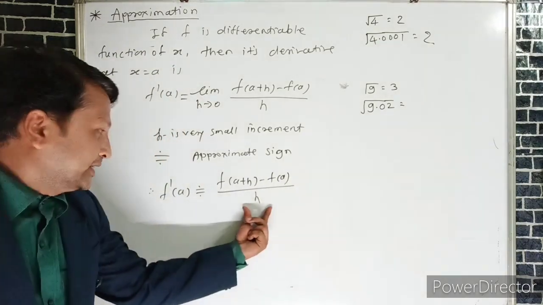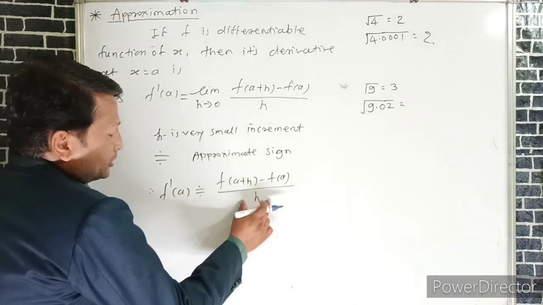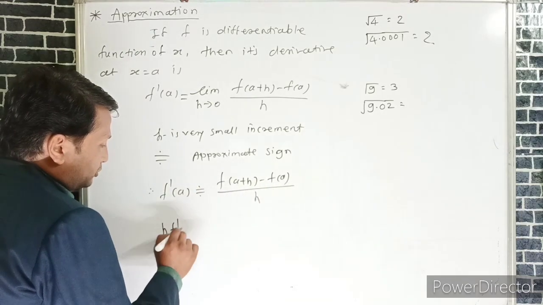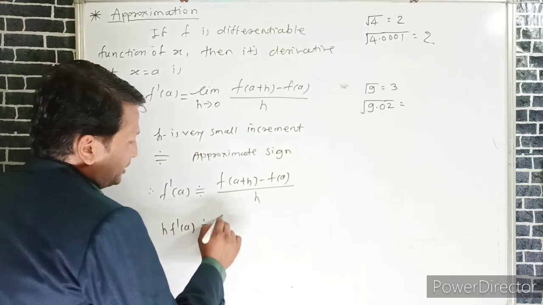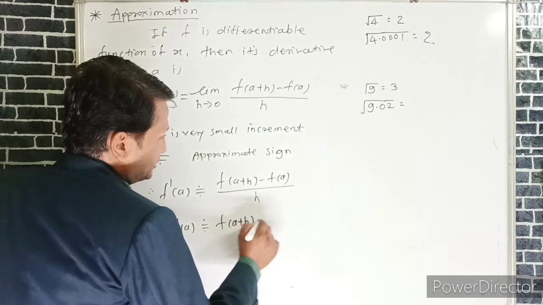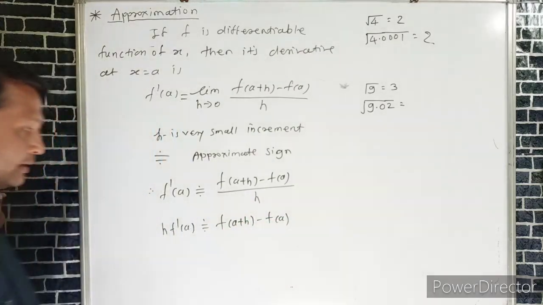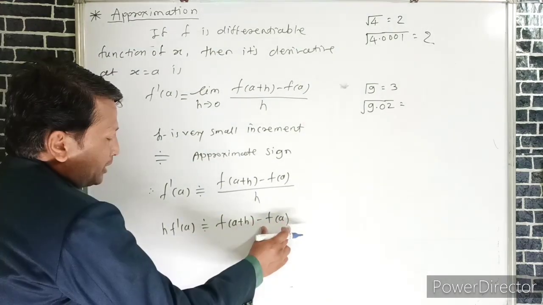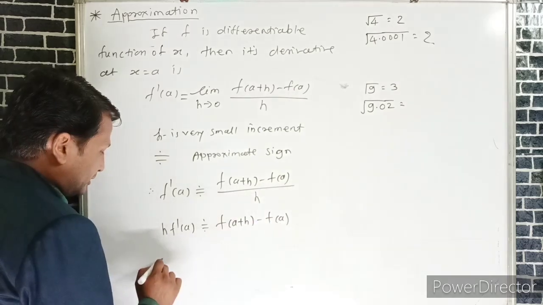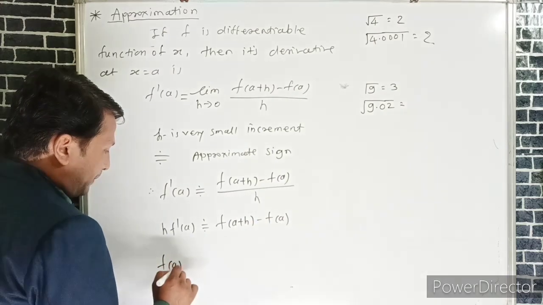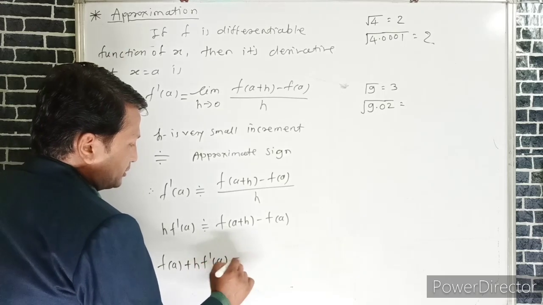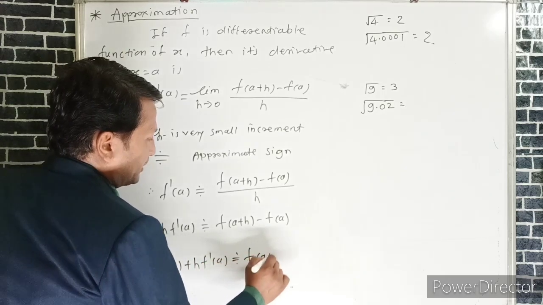If we take this h to the left side, the divisor h becomes a multiplier, h into f dash of a is approximate to f of a plus h minus f of a. This minus f of a, if we shift to the left side, becomes plus, so we can write f of a plus h into f dash of a is approximate to f of a plus h.